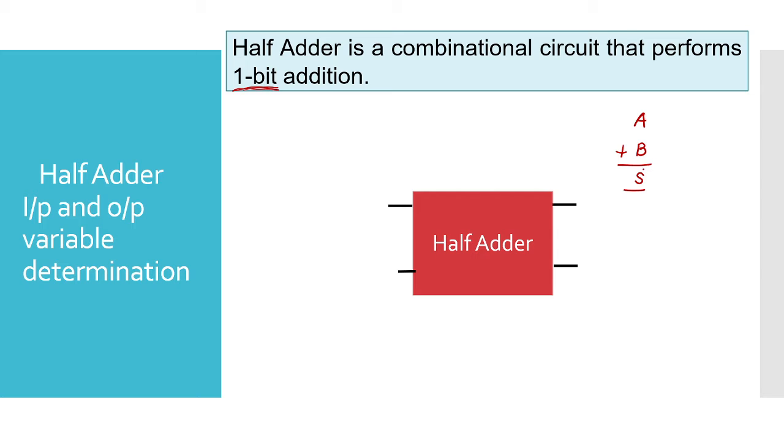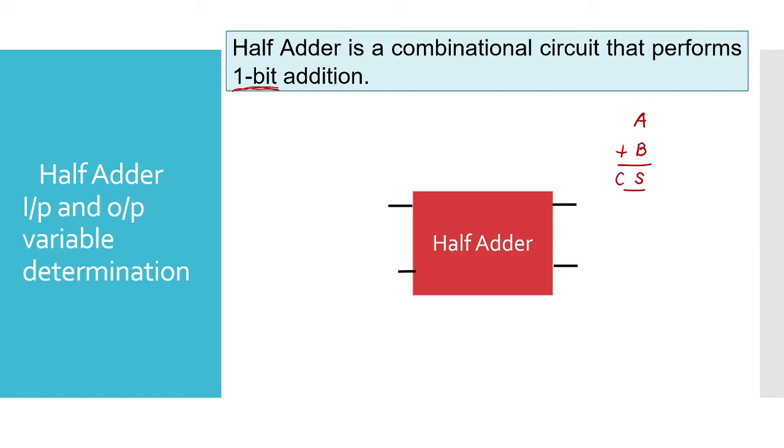So I am taking S, and suppose these two numbers' addition result exceeds, suppose I am using a decimal number, so if it exceeds 10, that means it will generate one carry.